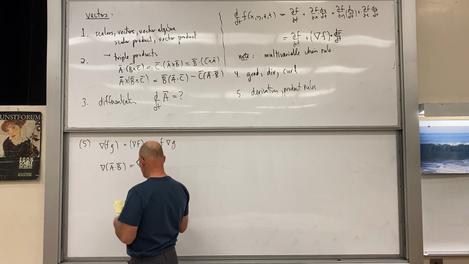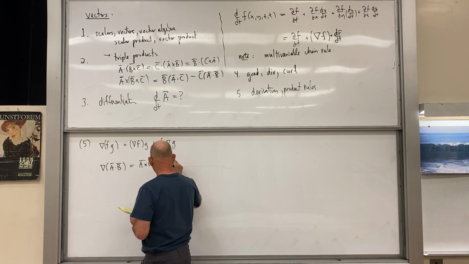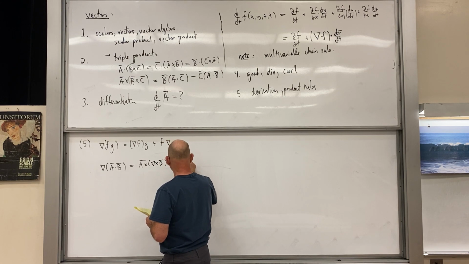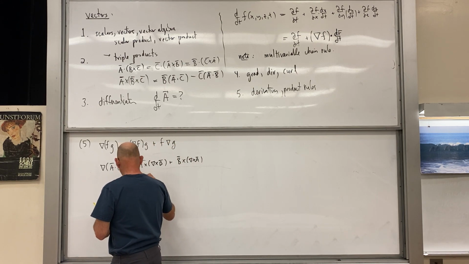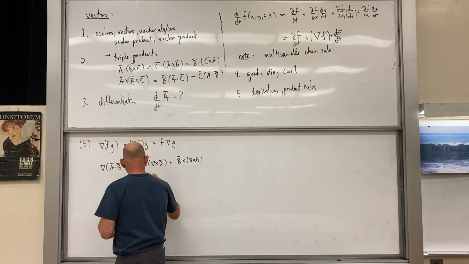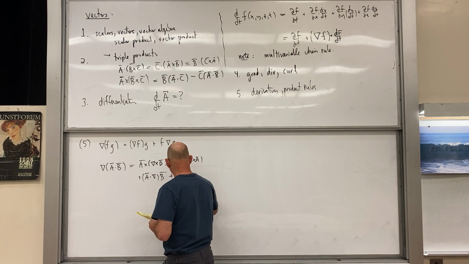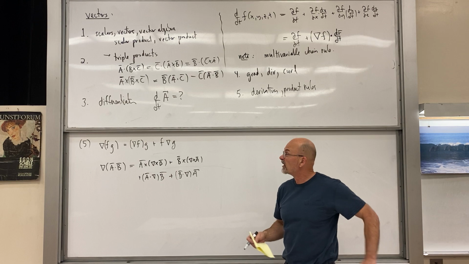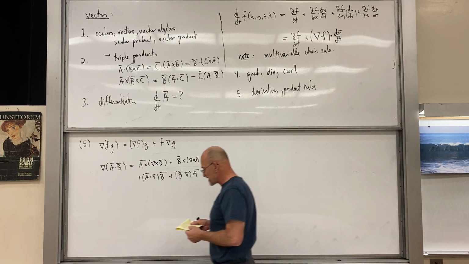So gradient of A dot B equals A cross curl of B plus B cross curl of A, it's got to be symmetric, plus A dot gradient B plus B dot gradient A, right? This is one of the operators that came up in our Euler equation, for instance. Okay. So that's the gradient of A dot B.